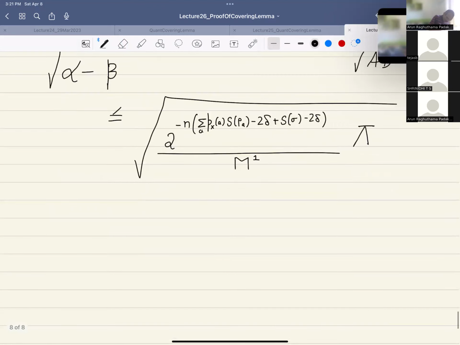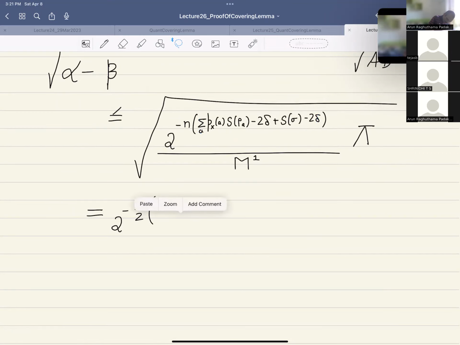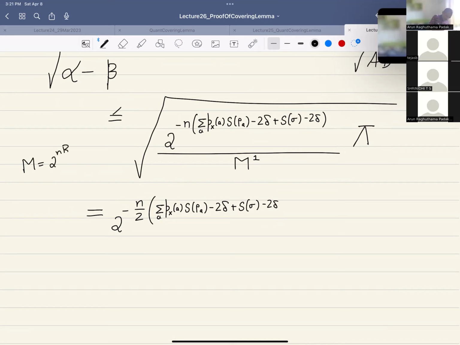Okay, so then I know what this is. This is 2 power minus n by 2 times this whole thing. I'm going to write it as 2 power nr. So this is something like divided by root 2 power nr.